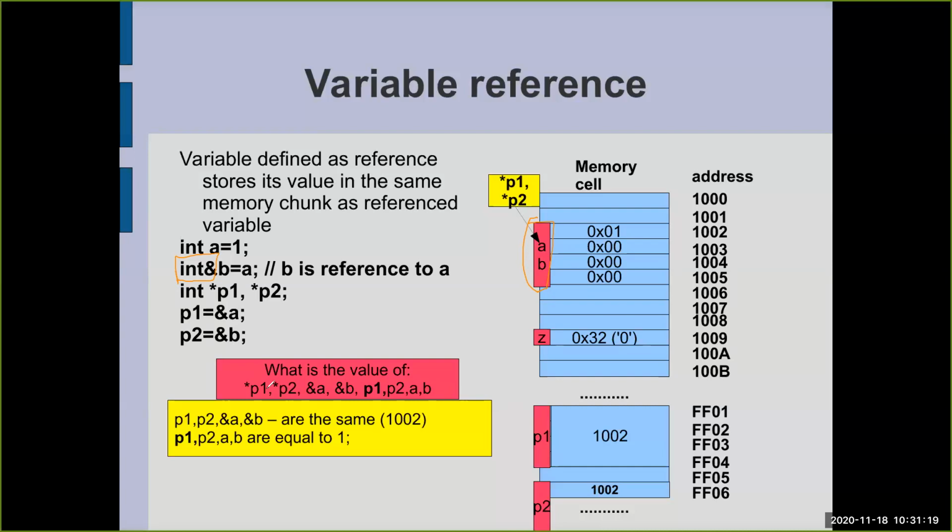Do you have any idea? 1. Okay. What is the value of asterisk P2? Also 1, because A and B share the same area of memory, so they have the same address.